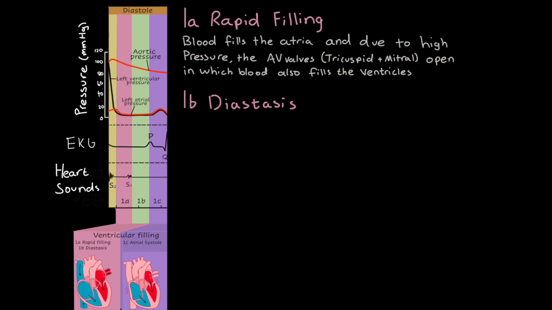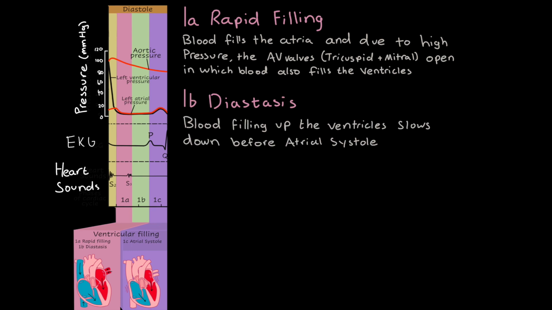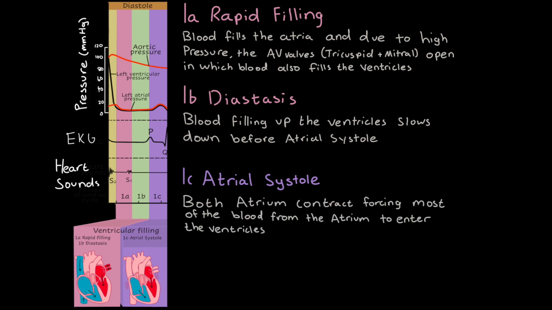The second component, which is also known as the middle of diastole, is called diastasis, and this is when the filling of the ventricles has slowed, but before the atria has contracted. The last component, which is also known as atrial systole, is when the atria contracts, and this results in most of the blood from the atria moving into the ventricles.